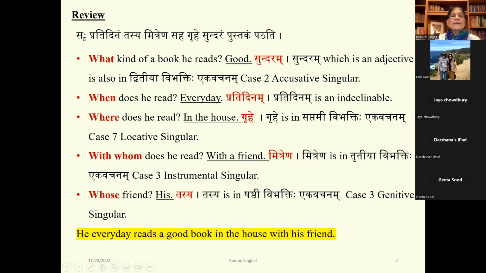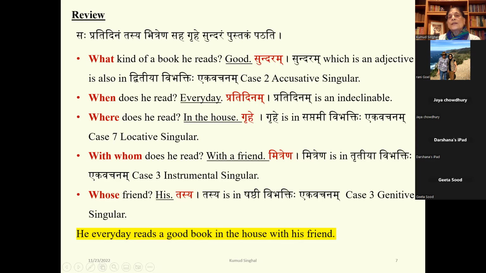So in this sentence, the English translation is, he every day reads a good book in the house with his friend. So saha is your subject. So it is prathama vibhakti ekavachanam. Tasya is his. So this is shashti vibhakti ekavachanam.